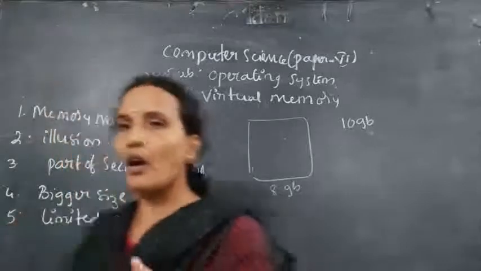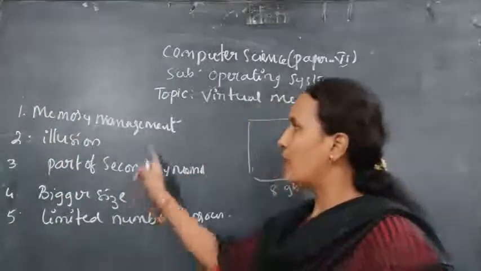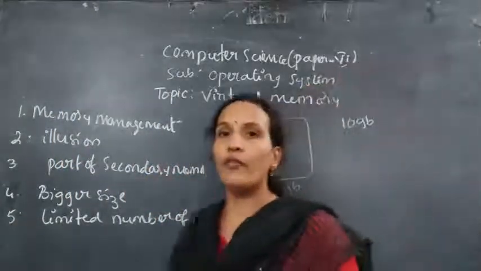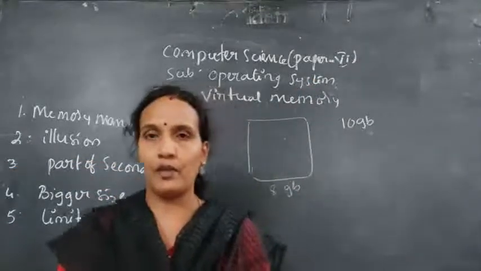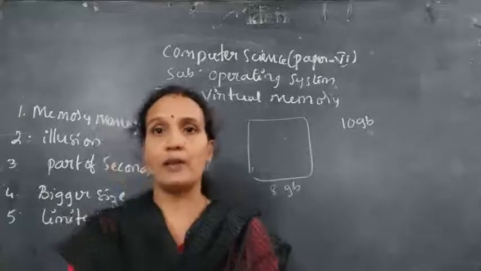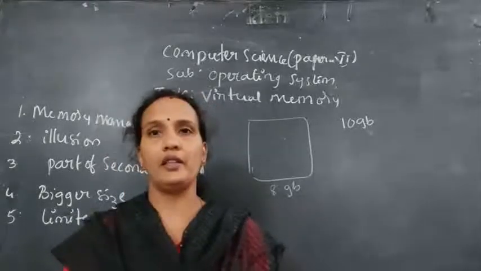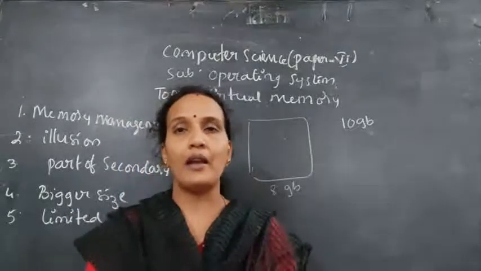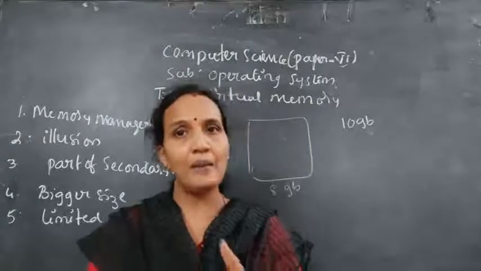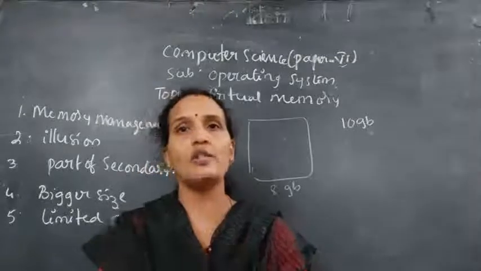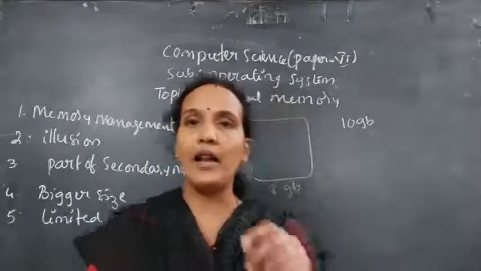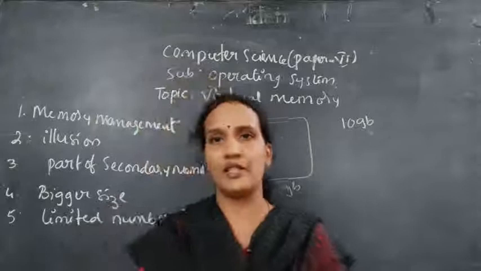Okay, how, I will explain. Whenever the user is executing any program whose size is bigger than the actual main memory, then what happens? Part of the secondary memory is used as main memory, and in that main memory swapping is implemented.